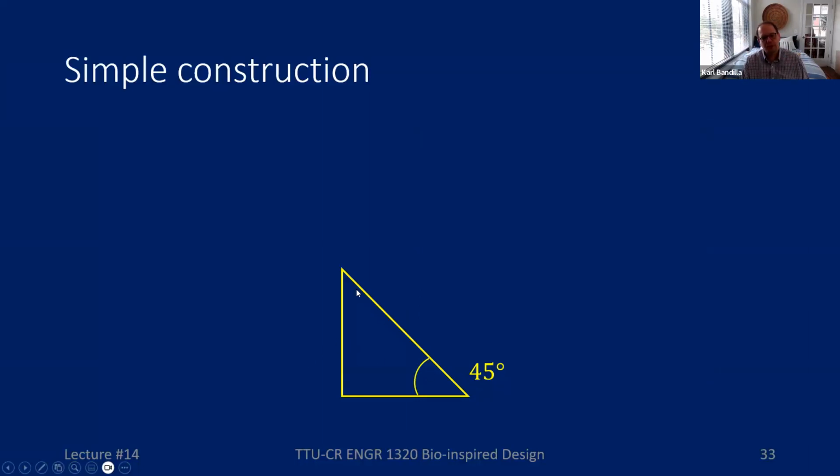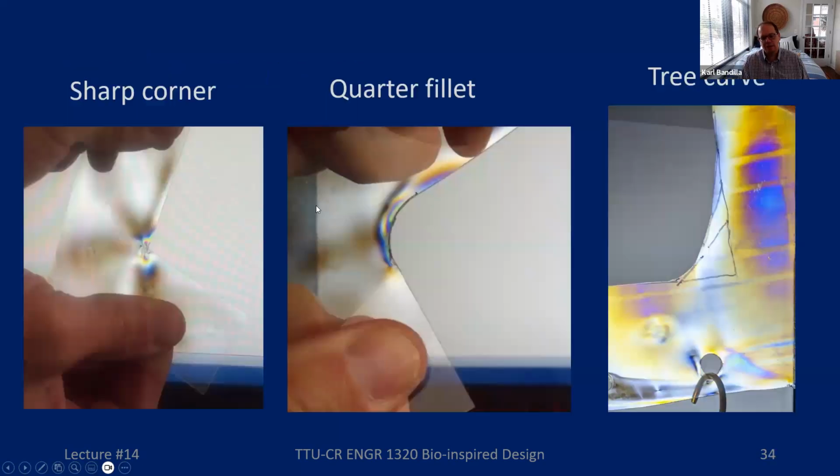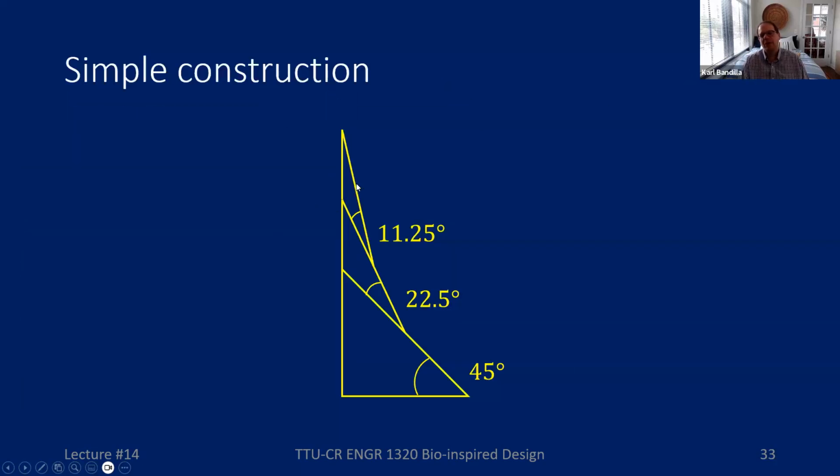If we start with the bottom of it as a 45-degree angle, then we go halfway up and draw another line that's half of 45 degrees, which is 22.5, and we draw it up until it hits that same area, and then we keep on doing that. We do 11.25 again at the halfway point, and then we keep on going until it becomes a straight line.